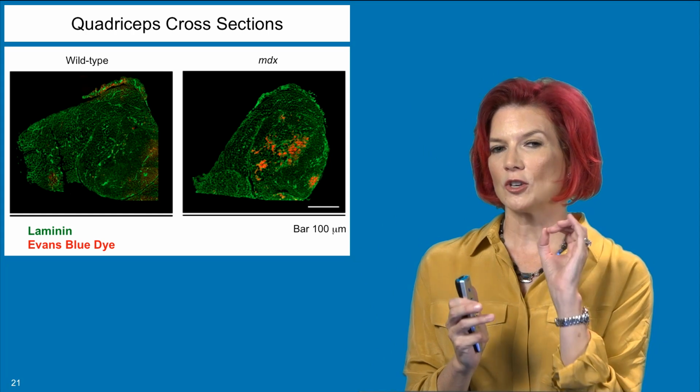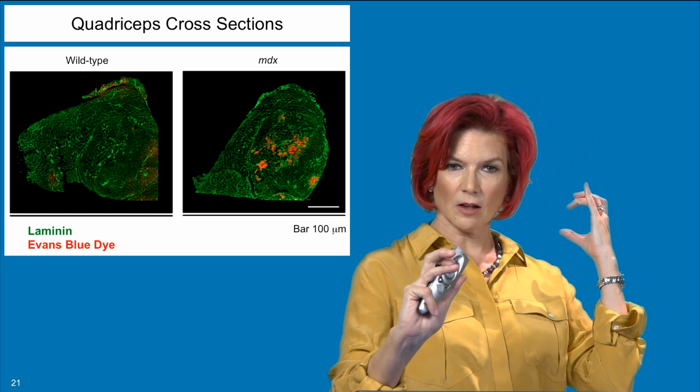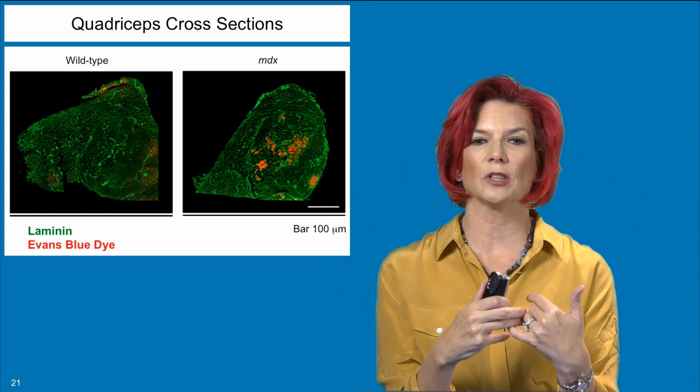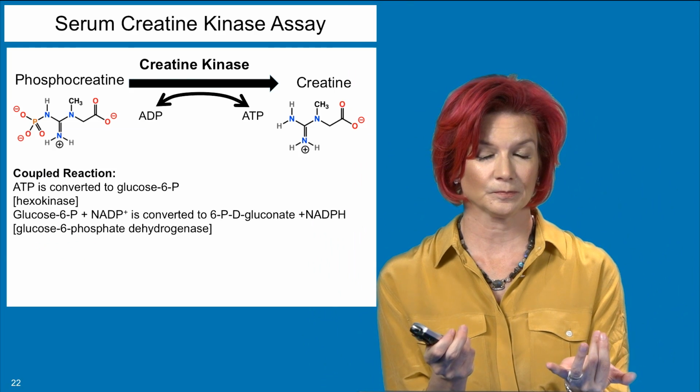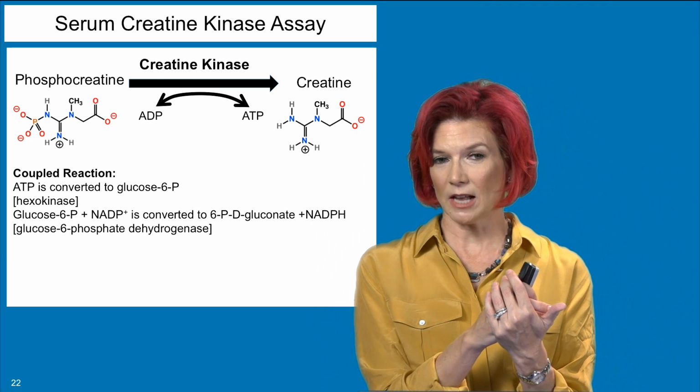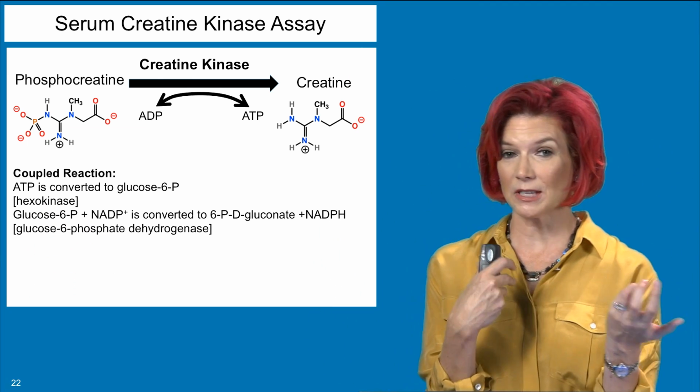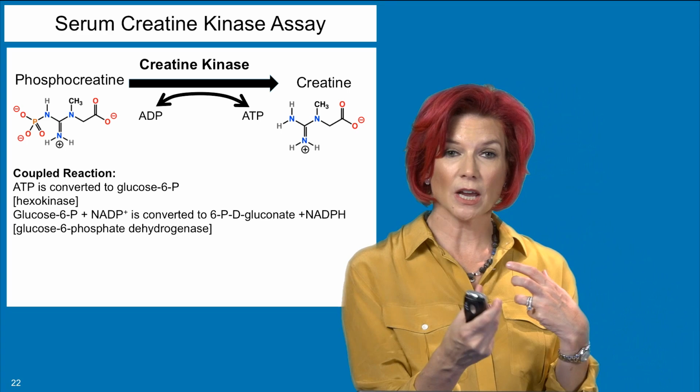Those fibers are damaged. The membranes themselves are damaged, which has allowed the accumulation of Evans blue dye into those skeletal muscle fibers.